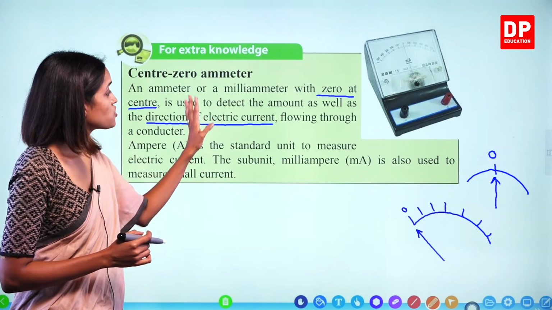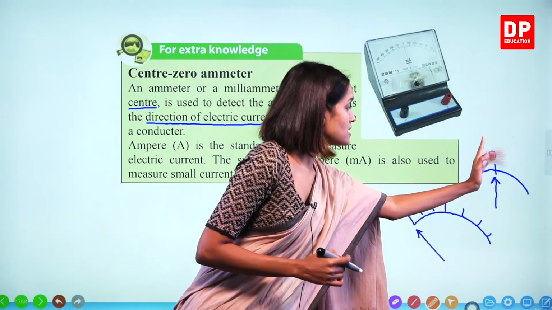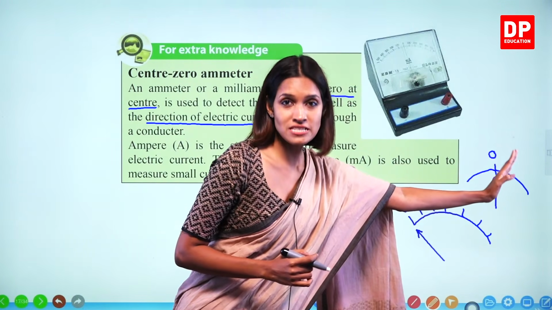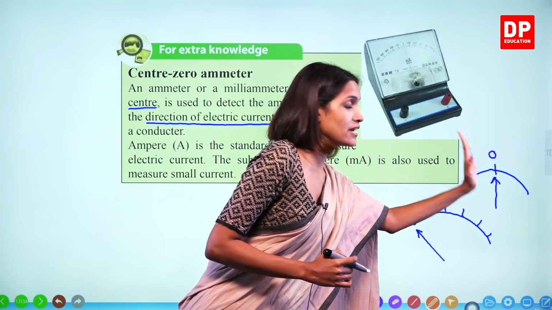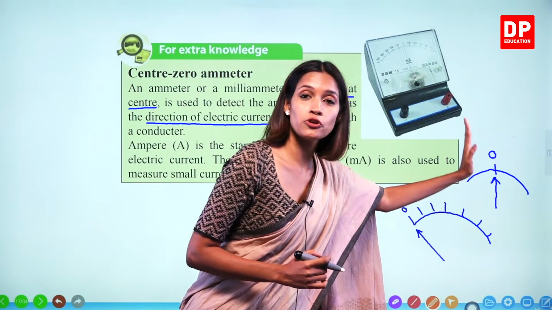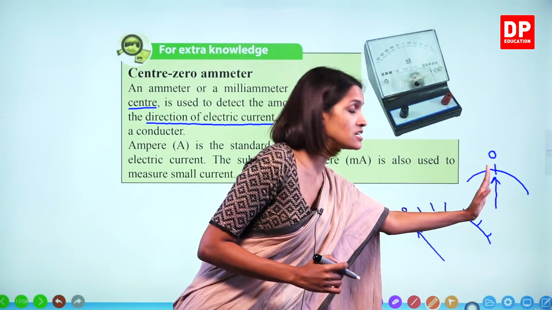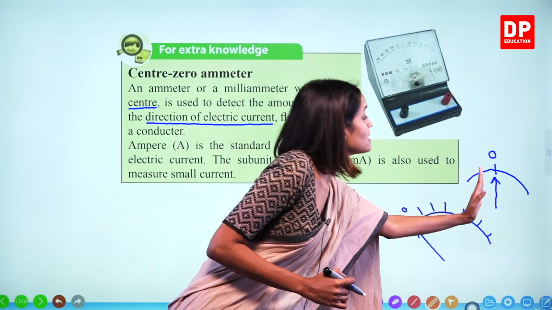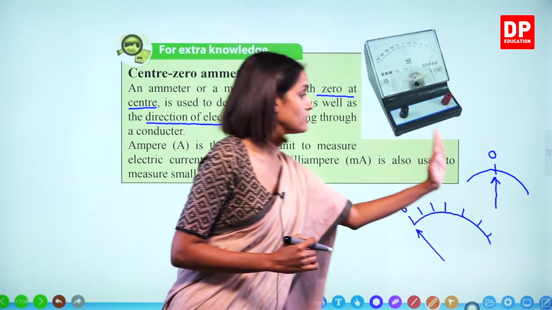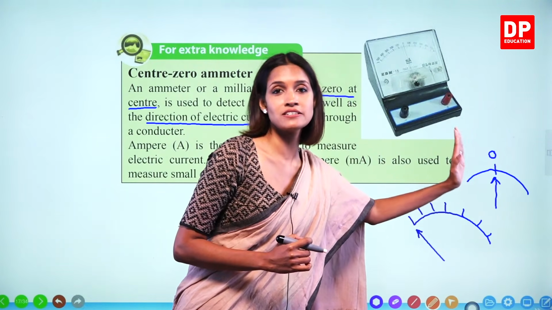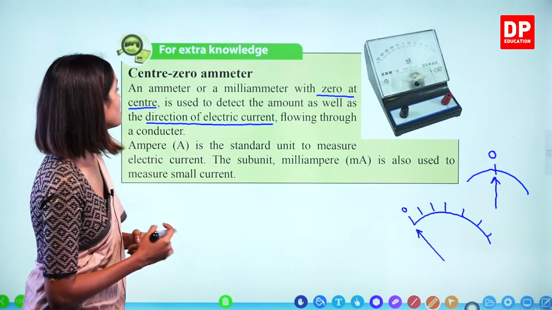Based on the direction of current, the direction where this indicator moves to changes. Therefore, you can identify the direction of the current as well using this type of instrument, right?